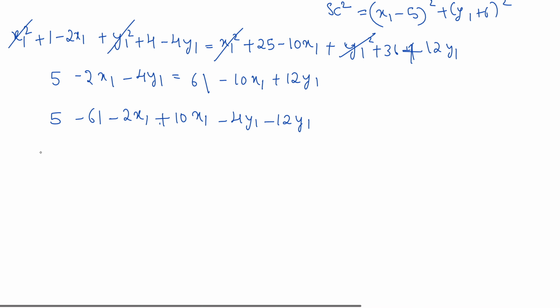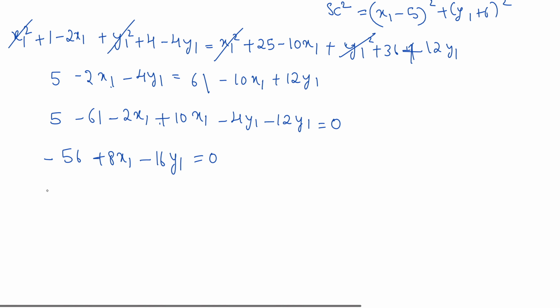So 5 minus 61 is minus 56, minus 2x1 plus 10x1 is plus 8x1, minus 16y1, sorry I forgot to mention, is equal to 0. Sending all the terms towards the left hand side, and we have equal to 0 on the right hand side. Now minus 4y1 minus 12y1, we have minus 16y1.